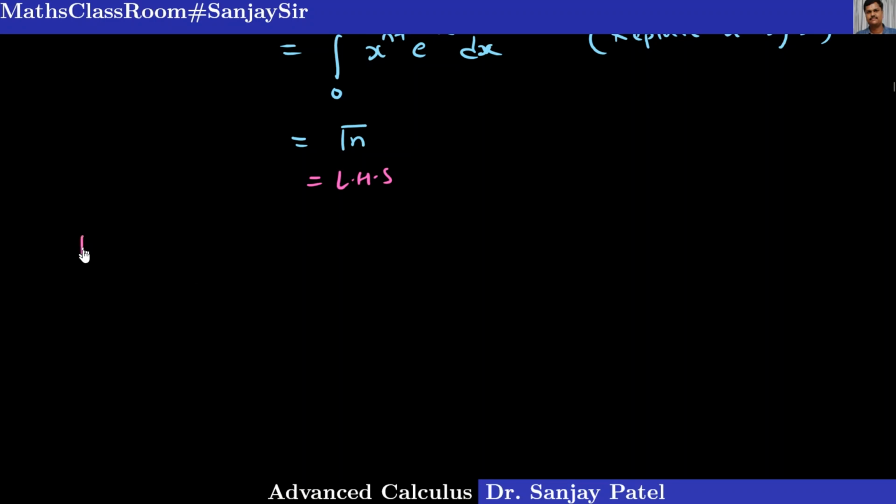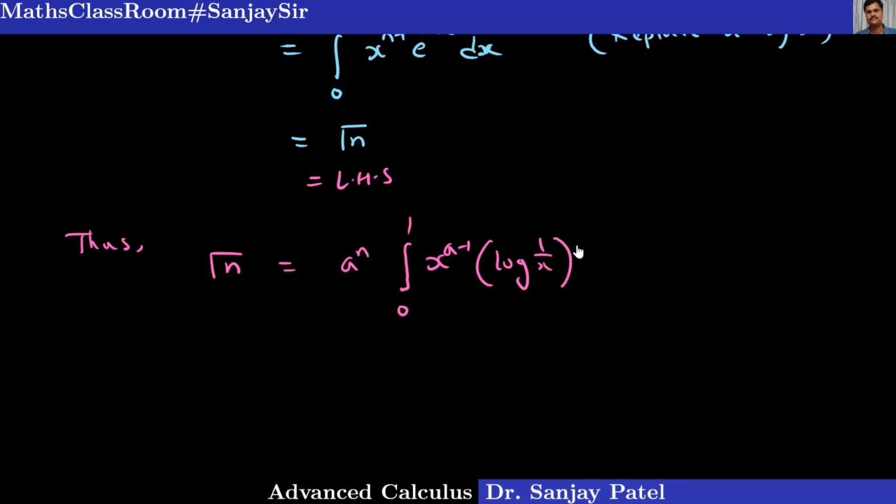So thus gamma n is equal to a raised to n integral 0 to 1 x raised to a minus 1 into log of 1 upon x whole raised to n minus 1 into dx. Okay, so these are some of the properties of gamma functions.